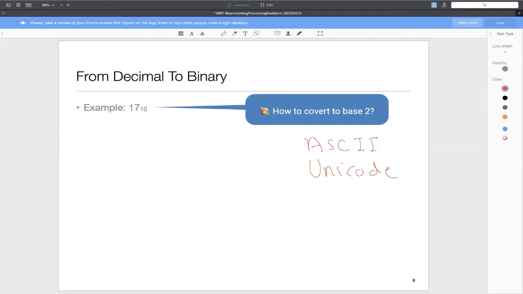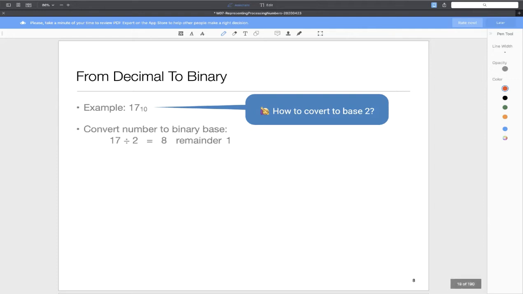You keep on dividing by 2 until you get a quotient of 0. Right. So when I start, the first time I divide by 2, I get a remainder of 1 and I get 8, right? That 1 is basically telling me about the least significant bit. Then I repeat the same thing with 8 and keep doing it.